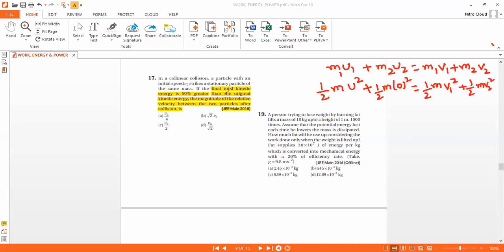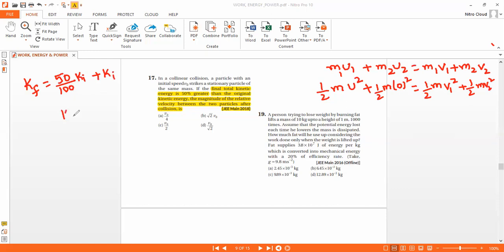They gave that the final total kinetic energy is 50% greater. That is, final kinetic energy is 50% greater, so 50 by 100 into the initial kinetic energy than this one.